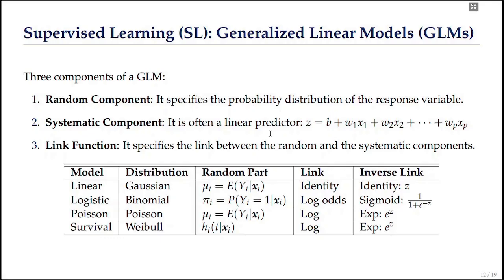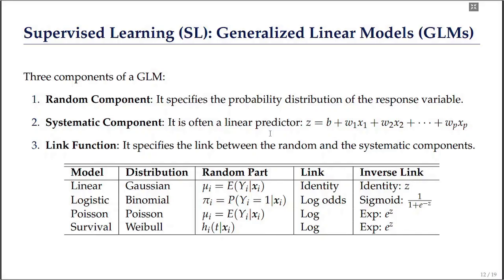Then we need the third component, which is called the link function, that connects the random component with the systematic component. For example, for linear regression, the distribution of the response variable is Gaussian, so the random part is the mean response. And here the link function is an identity link function.